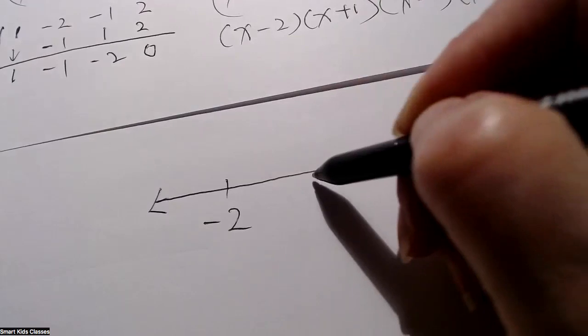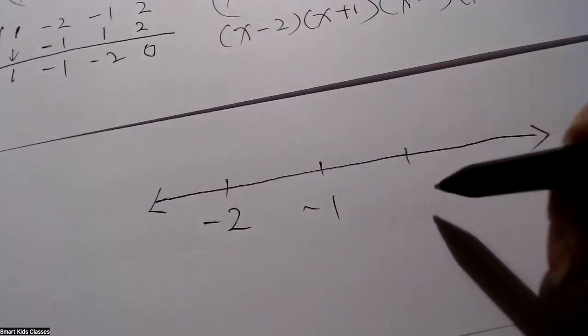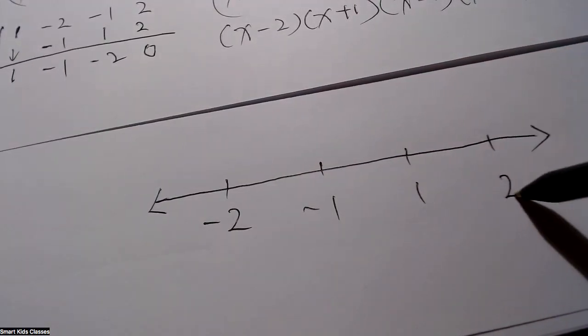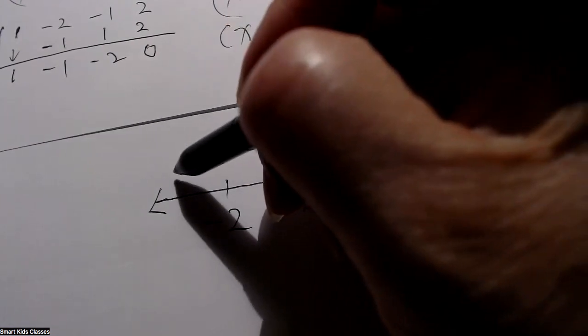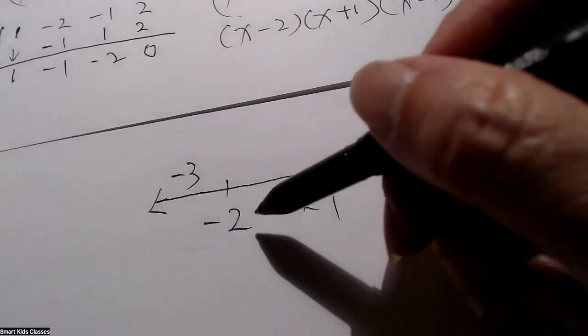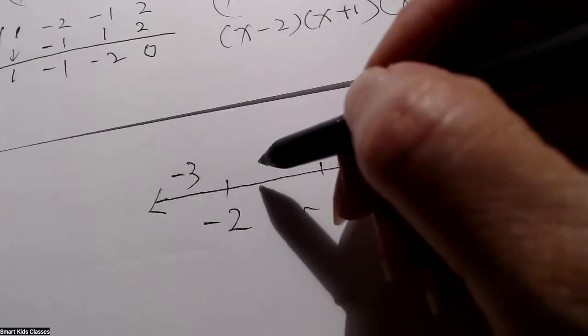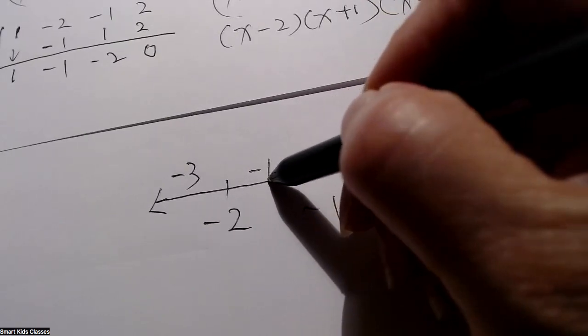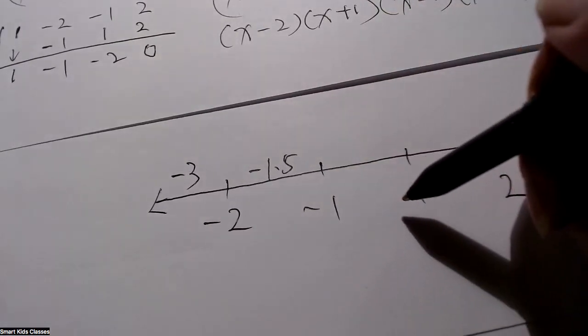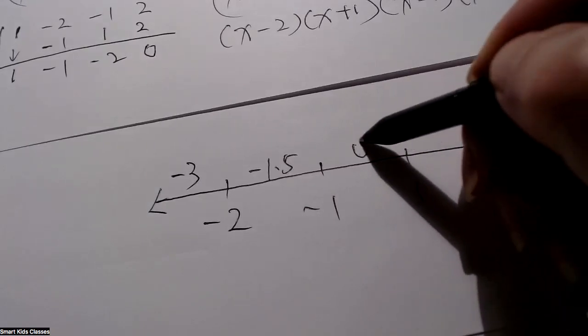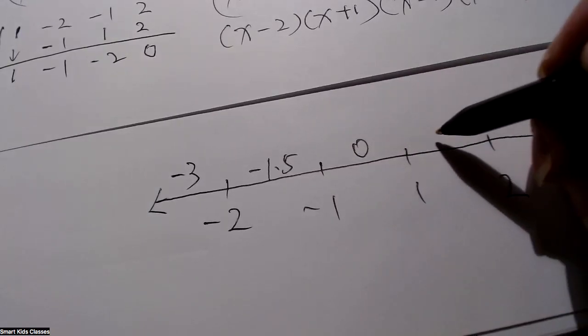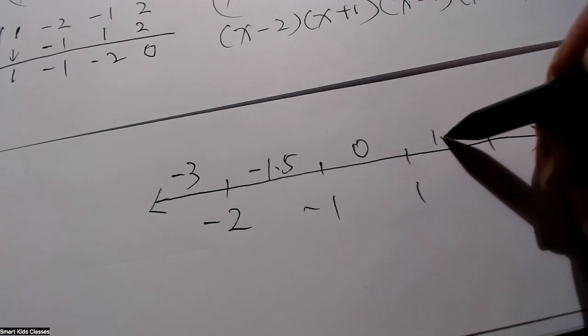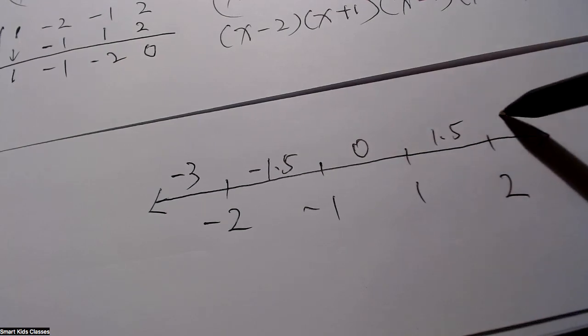So we're going to start with a negative 2, negative 1, and a 1, and a positive 2. So we take negative 3 here. We're going to take negative 1.5 here. We're going to take 0 here. We're going to take 1.5 here, and we take a 3 here.